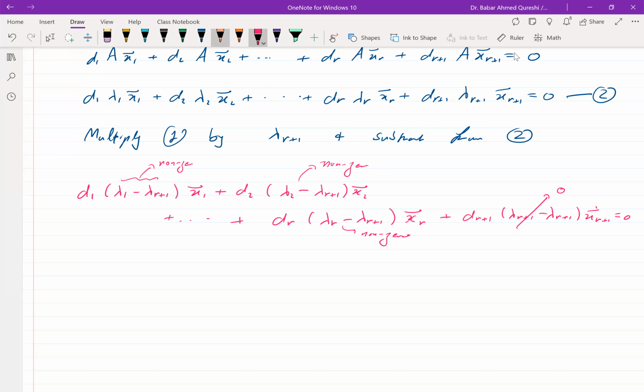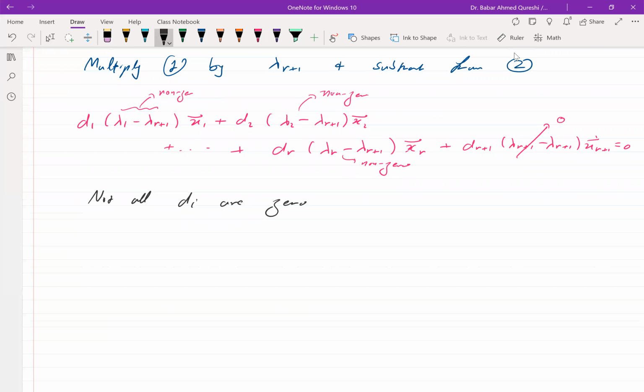And I had just figured out that not all di are 0. But what does this equation then say? It says that I have come up with some constants. Let's call them d tilde. And d tilde i is just defined to be di (lambda i minus lambda r plus 1).